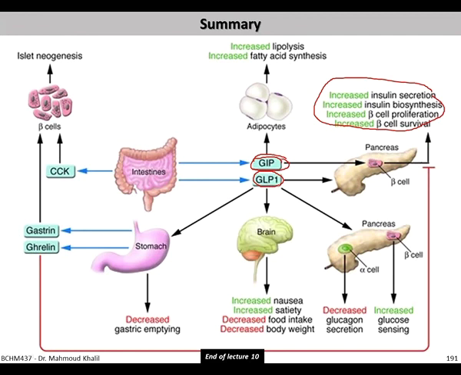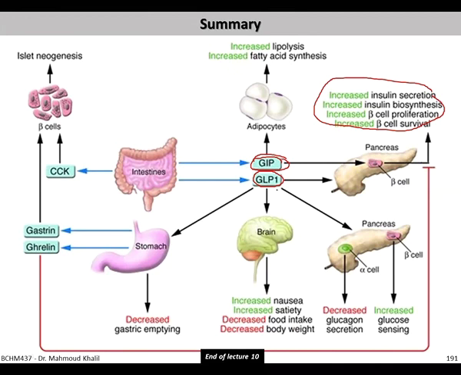The GLP-1 can activate the beta cells and decrease the amount of glucagon secreted from the alpha cells, and will activate the brain, so you will have increased nausea, decreased food intake, and decreased body weight. This is in case there is not enough glucose going to the brain.